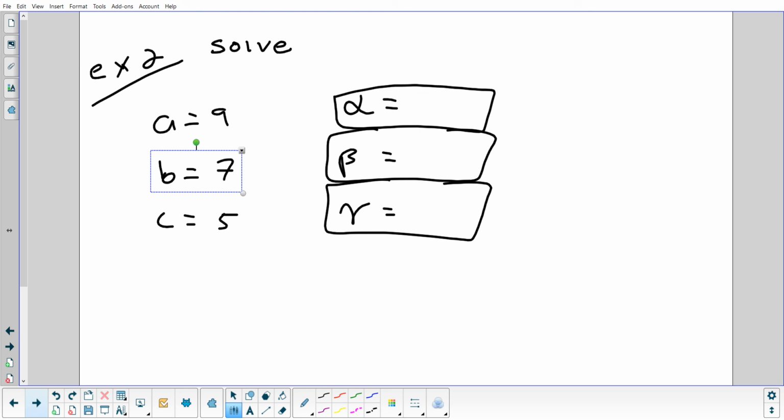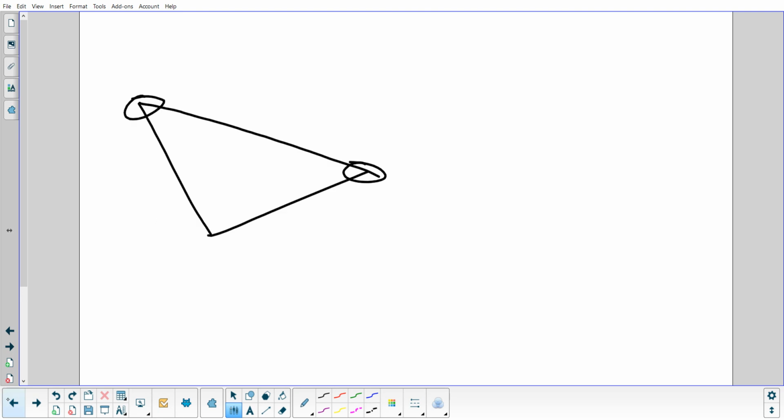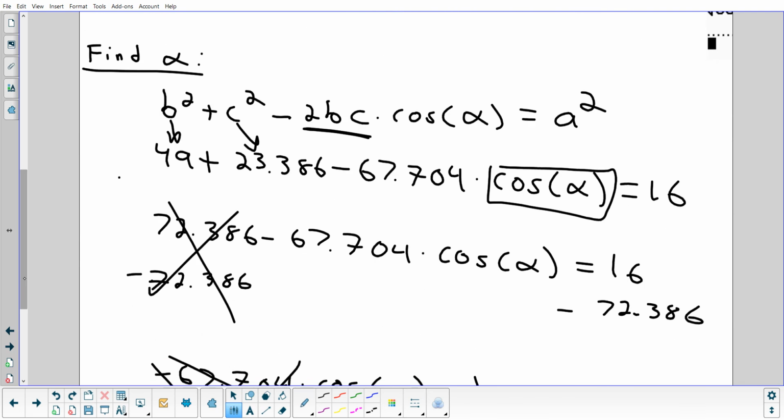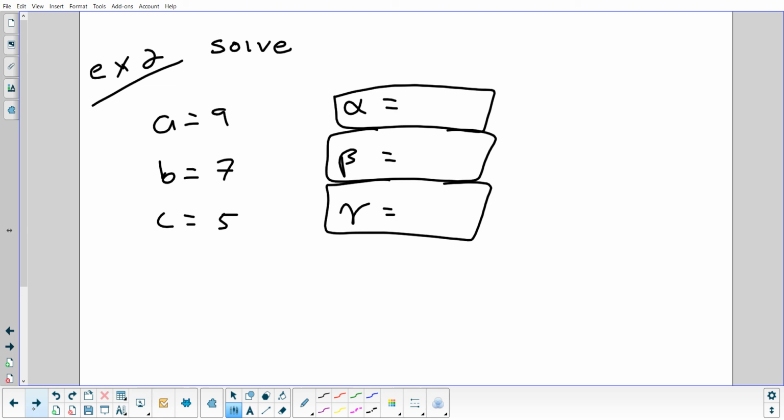Now, because you're given all the sides, you're never solving for a side. So you're not going to have to do this type of thing in this problem. We're going to be doing this type of thing twice. You have to do it a minimum of at least 2 times to get your angles.